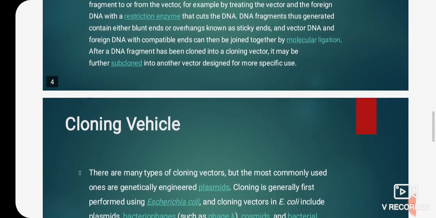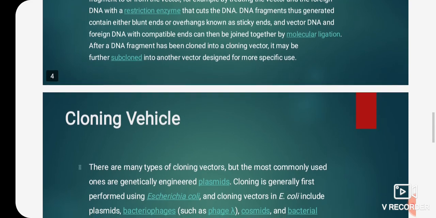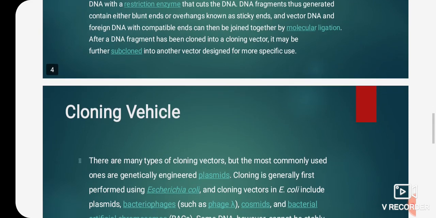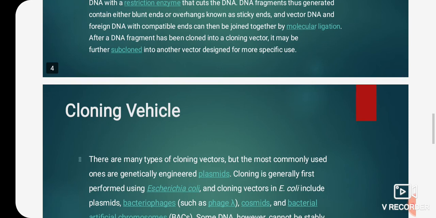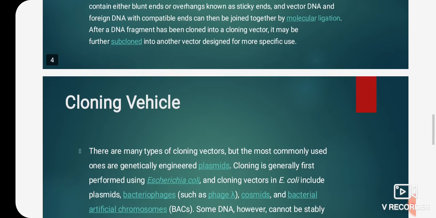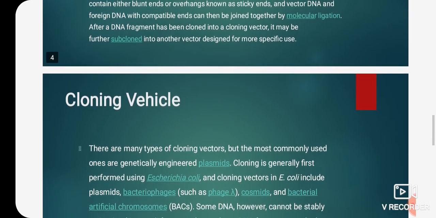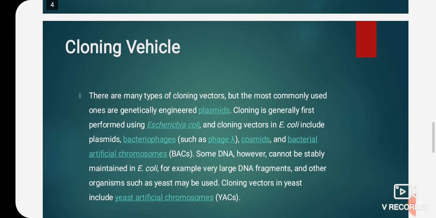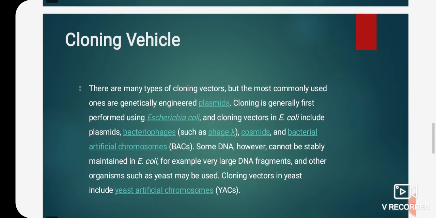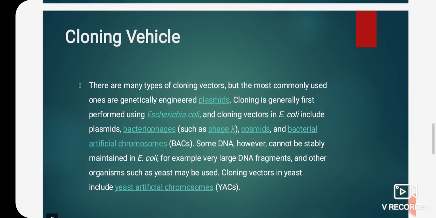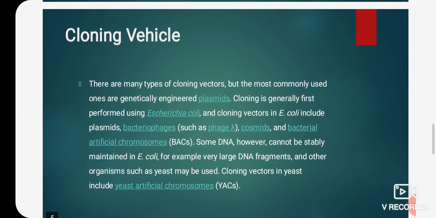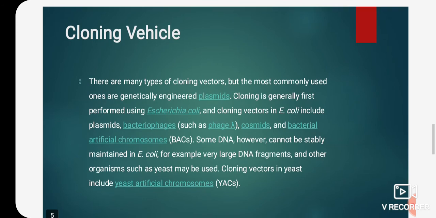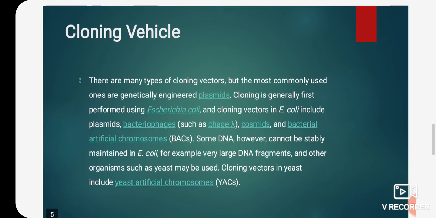After a DNA fragment has been cloned into a cloning vector, it may be further subcloned into another vector designed for more specific use. So, students, there are many types of cloning vectors, but the most commonly used ones are generally engineered plasmids.